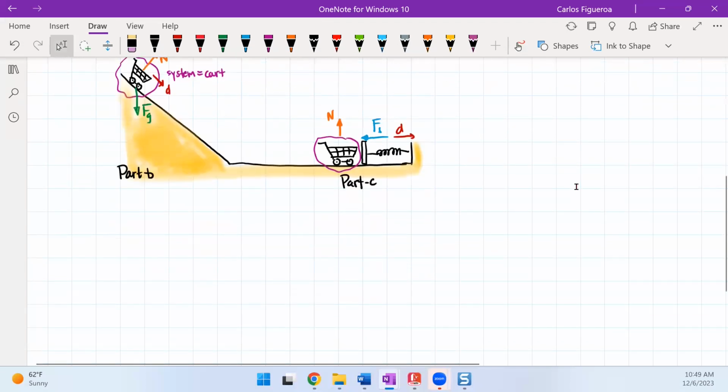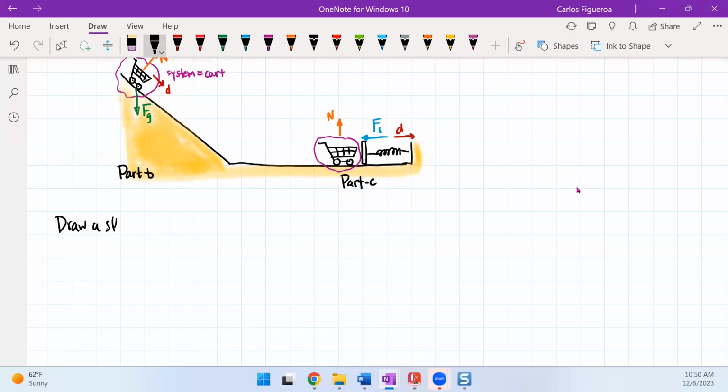So in part B, what we want to do is draw a sketch of the situation of a cart rolling down the hill.